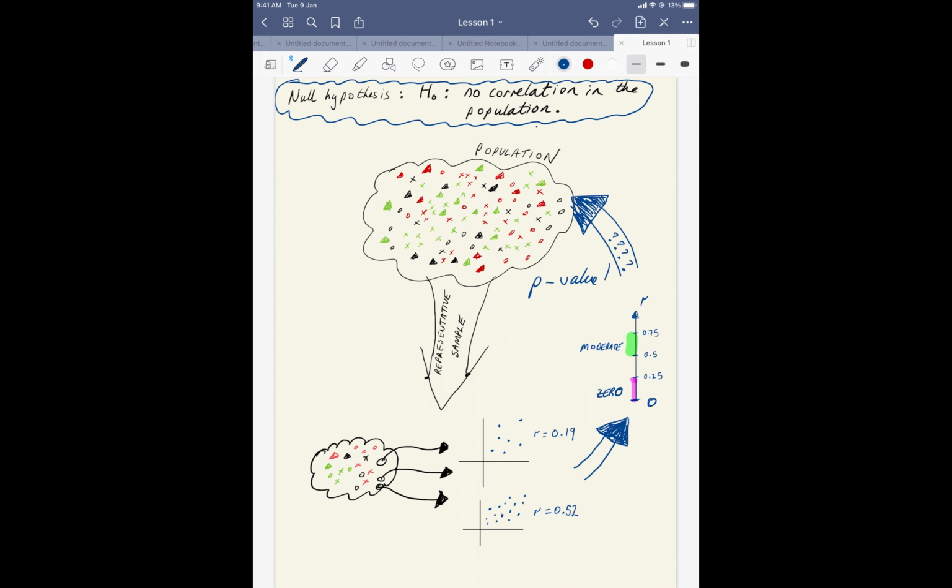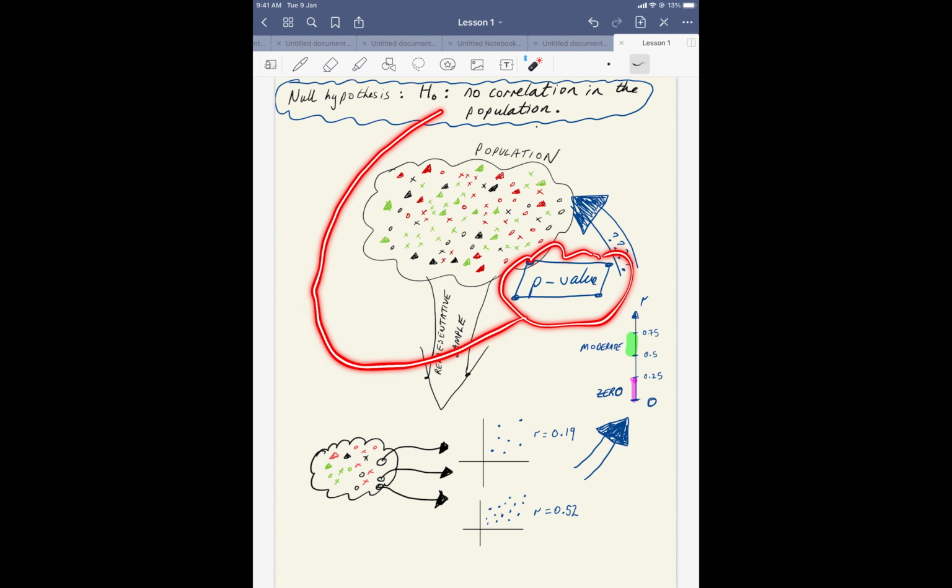So every statistical test that we care to do will give us a p-value. It's important to understand what a p-value actually does for us. The p-value is a probability value, and the p-value for the test is the probability that the null hypothesis is true.